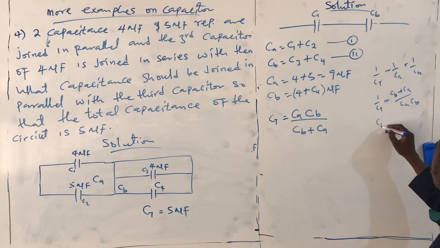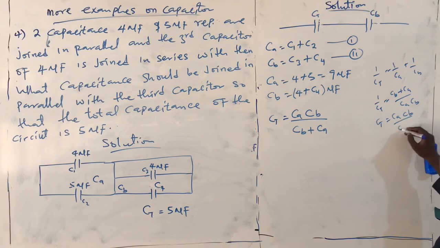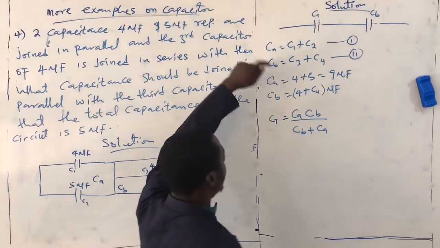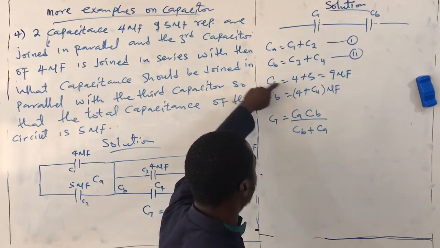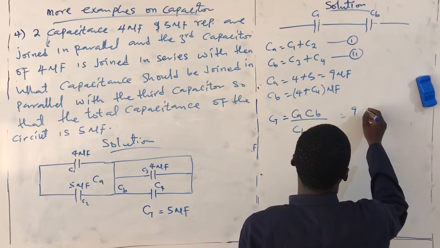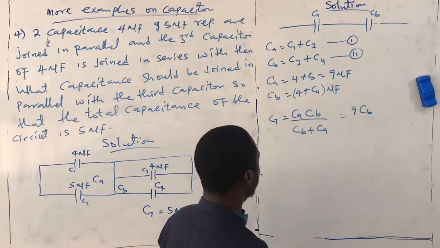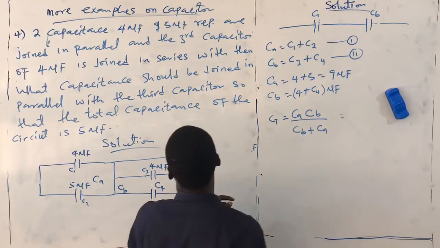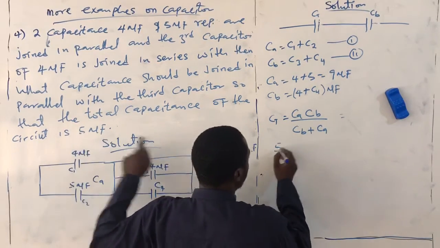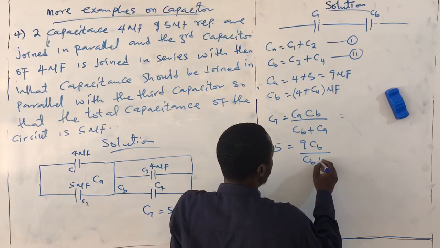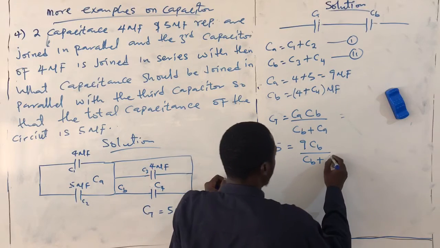If we take this one up, this one also goes up over CB plus CA. That's how we get this. Now, we already know our CA to be 9. If I insert this value, 9 CB divided by CB plus 9, and our effective capacitance CT is 5.